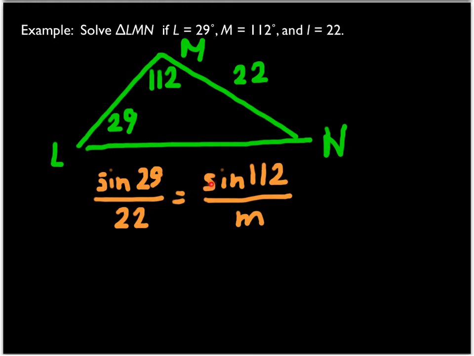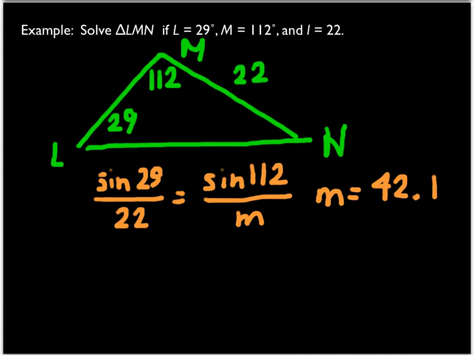Basically you would multiply these two, 22 times the sine of 112. That would equal m times the sine of 29. But if you're solving for m, it basically ends up to be 22 times the sine of 112, and then divided by the sine of 29. And if you do that, you will get that side m is about 42.1. You should try this on your calculator just to make sure that you can get that same answer.